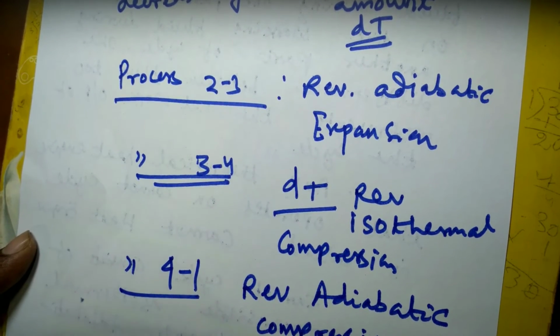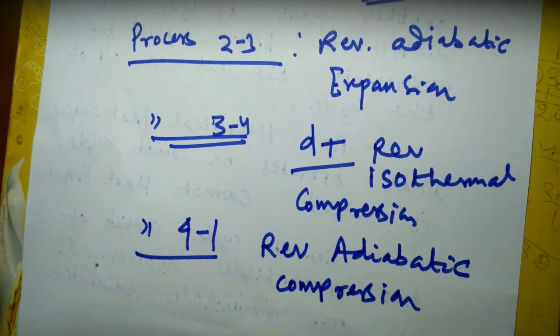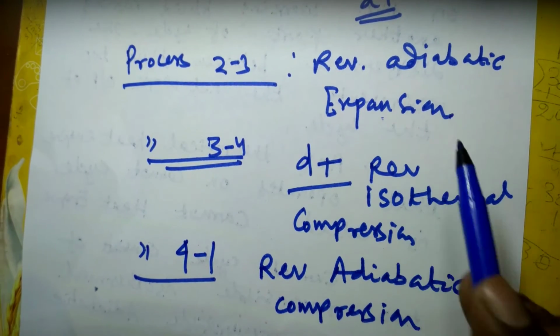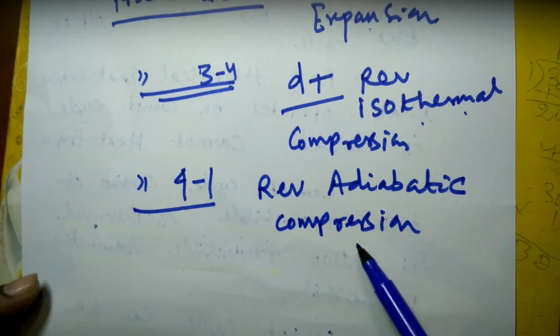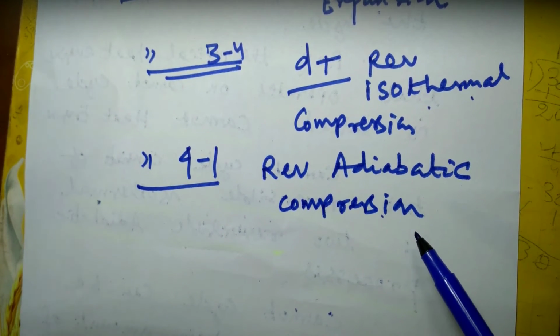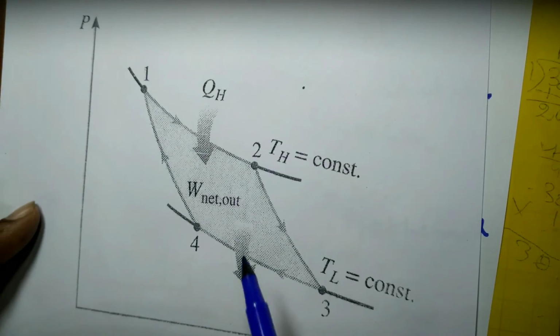Obviously the piston is assumed to be frictionless, and it is a quasi-equilibrium, slow process. So the first process is reversible isothermal expansion, then reversible adiabatic expansion, then reversible isothermal compression, and 4-1 is reversible adiabatic compression. If we draw the PV diagram of this Carnot cycle, it looks like this.